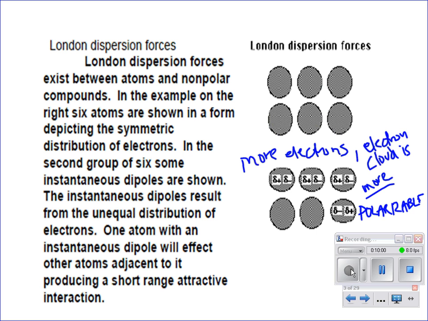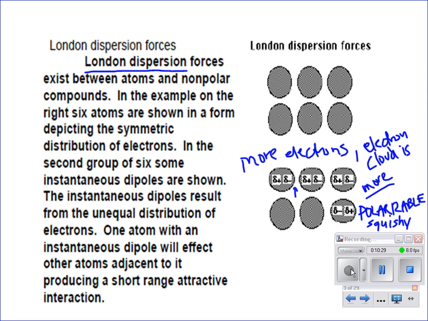It's the ability of the electron cloud to become polar around that molecule, okay? The more electrons, the more polarizable, the more squishy. So if you draw out your Lewis dot structure and it's nonpolar, the force that exists between molecules is called London dispersion.